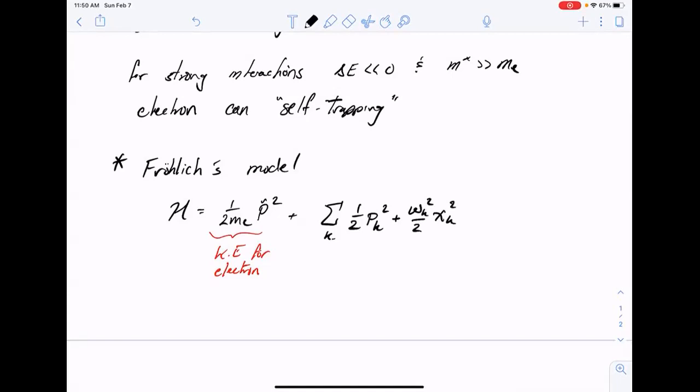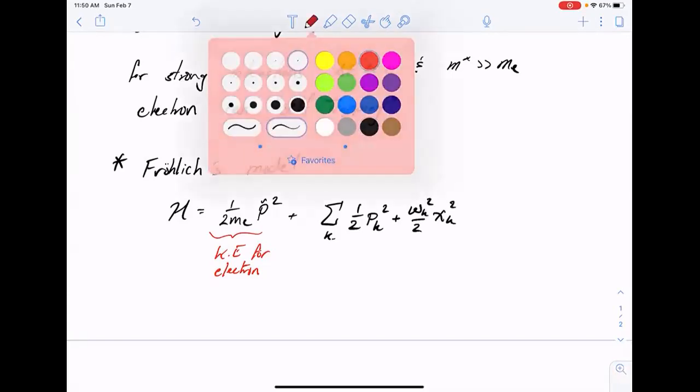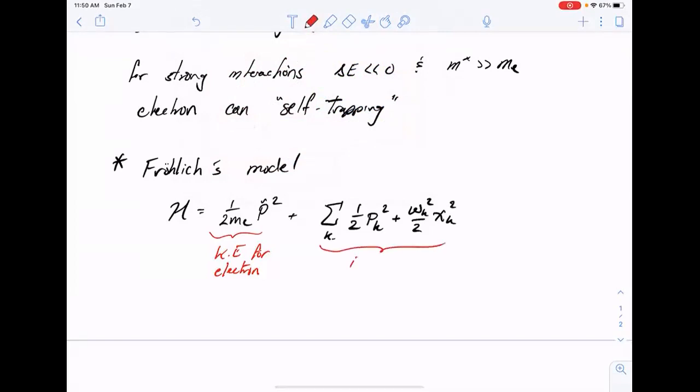We'll denote here omega of K. If that was all that we had, we would have a separable Hamiltonian for the electrons and for the nuclei. They would not exhibit any force or interact in any way. So we have to include some sort of interaction term.